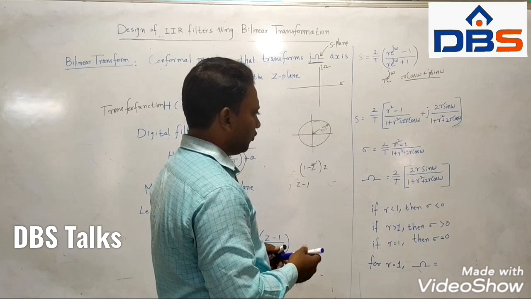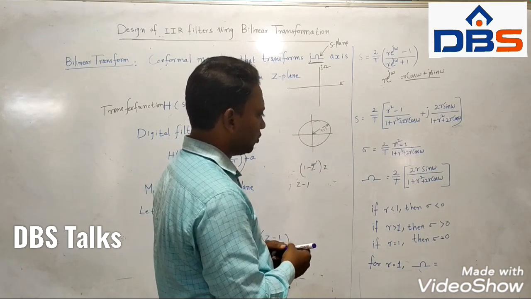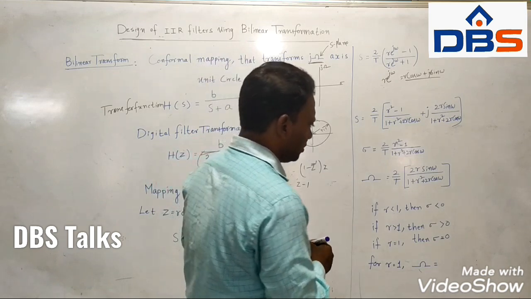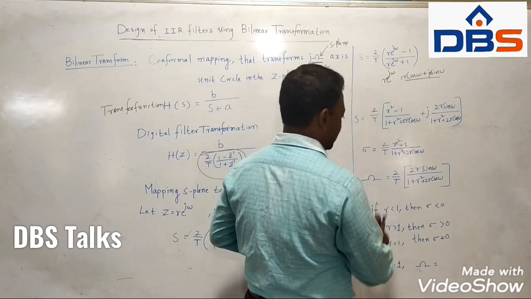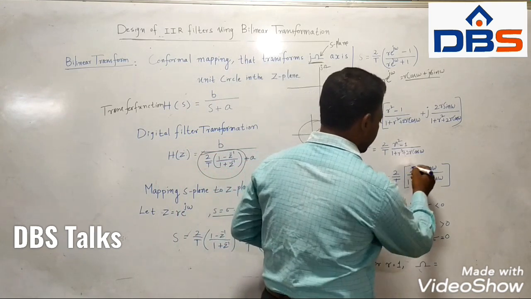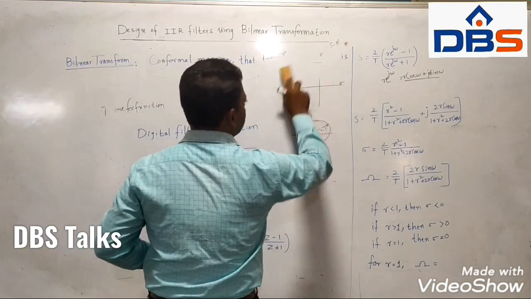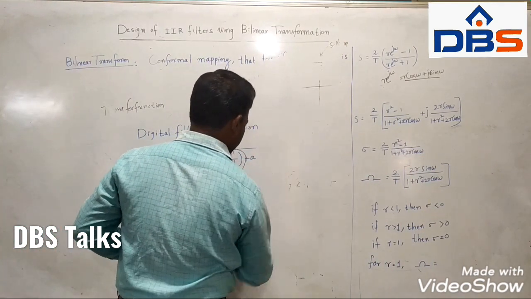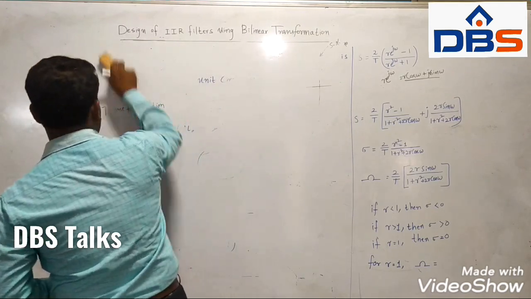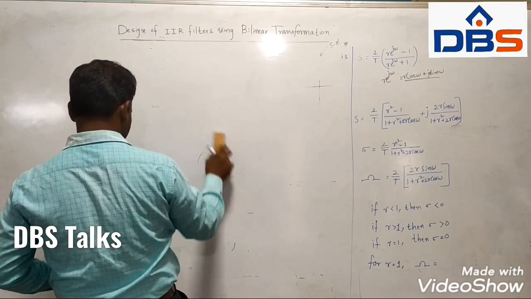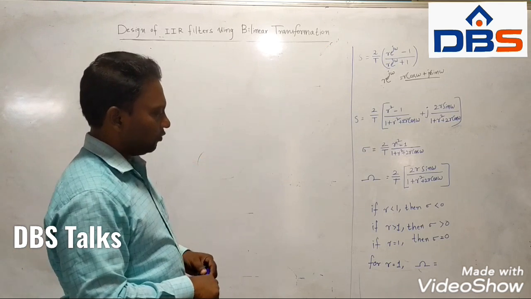Now for r is equal to 1, omega, the imaginary part, what does it become?